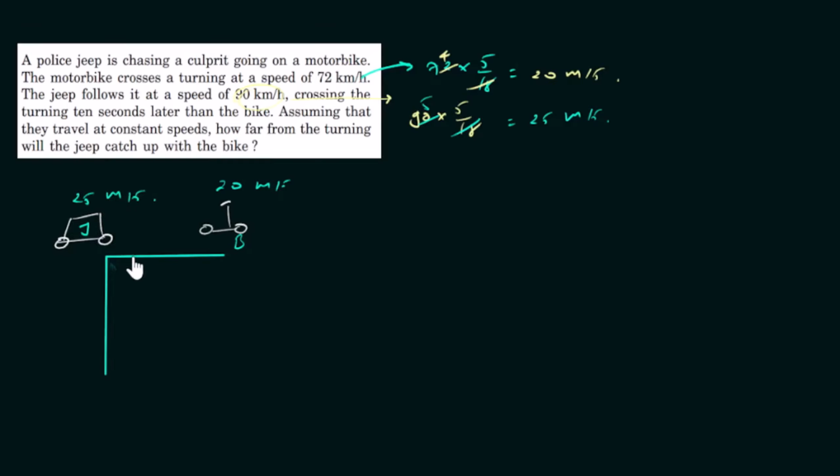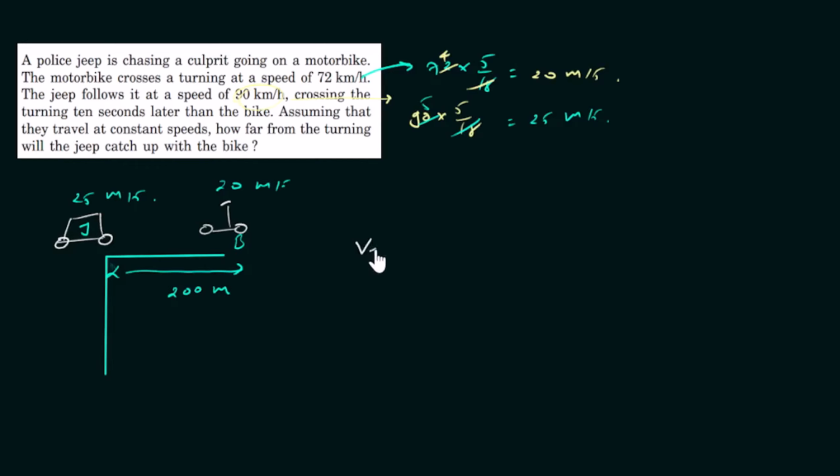We are being asked about 10 seconds later than the bike. So we can see that the bike will move from this point to this point with a speed of 20 meter per second. For 10 seconds, this particular distance will be 200 meter.